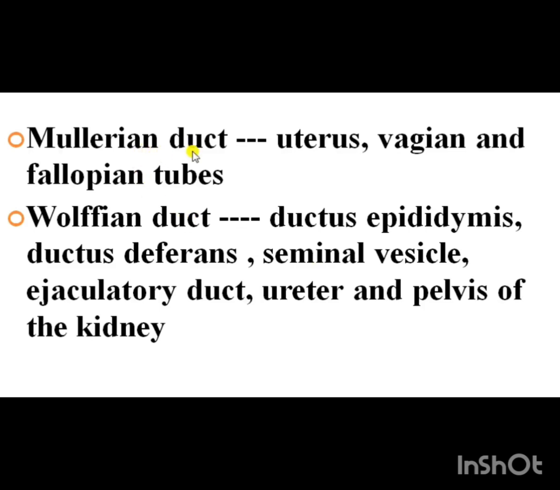Mullerian duct is one of the bilateral ducts in the embryo that form the uterus, vagina and fallopian tubes. Wolffian duct is a duct in the embryo which develops into the ductus epididymis, ductus deferens, seminal vesicle, ejaculatory duct, ureter and pelvis of the kidney. So male genital organs develop from the Wolffian duct and female genital organs develop from the Mullerian duct.